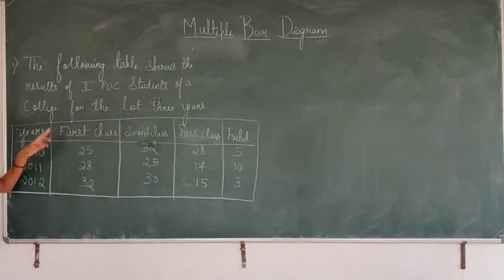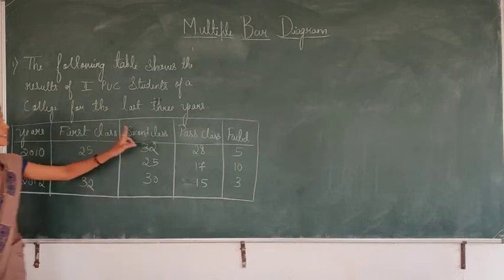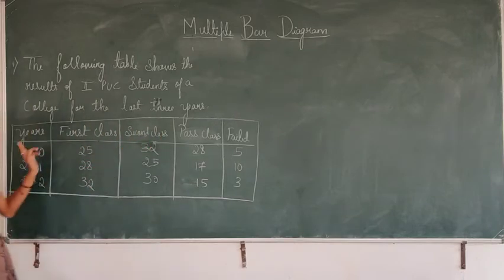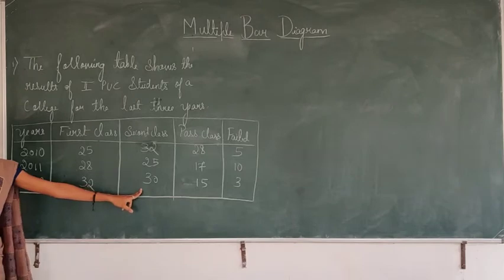The number of students who have secured first class for the year 2010 is 25, for 2011 it is 28 and for 2012 it is 32. Second class for 2010 is 32, for 2011 it is 25 and for 2012 it is 30.